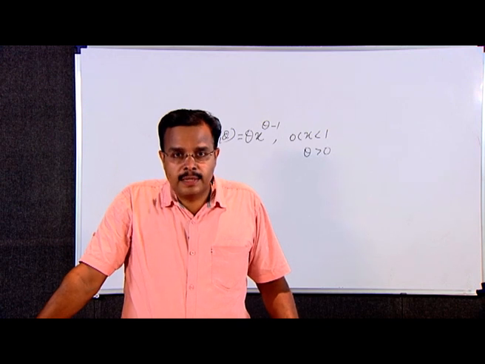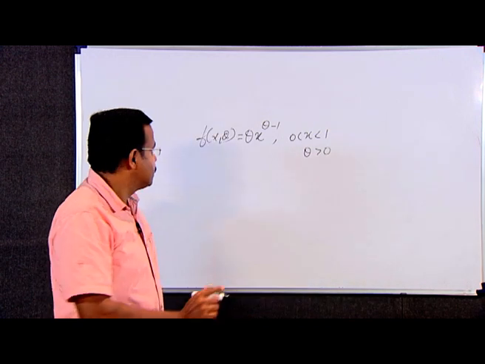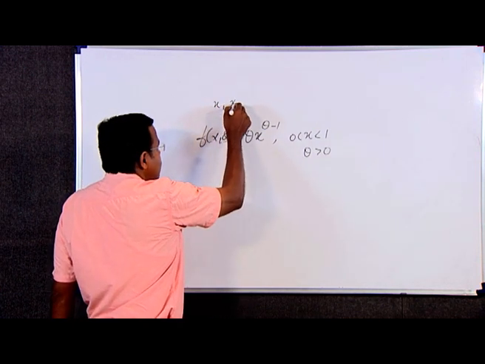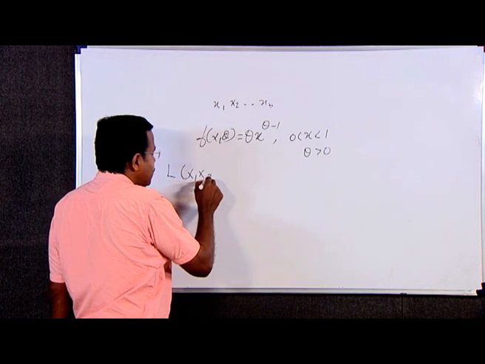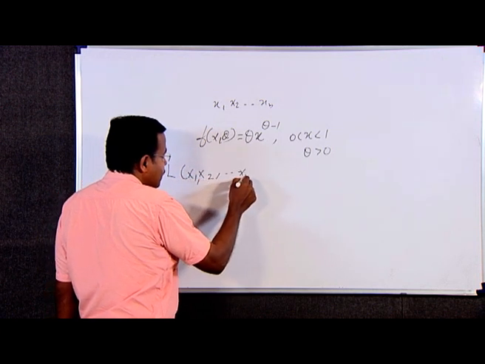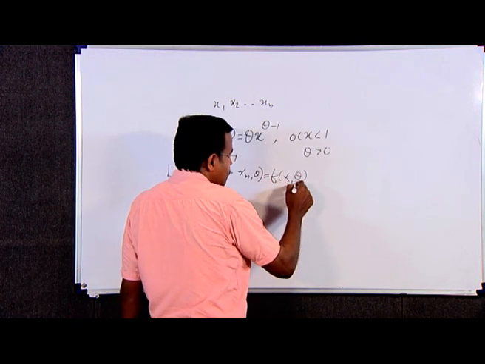Here to get a sufficient estimator for the parameter theta, the likelihood function of the sample L of x1, x2 etc. xn, theta equal to f of x1, theta into etc.